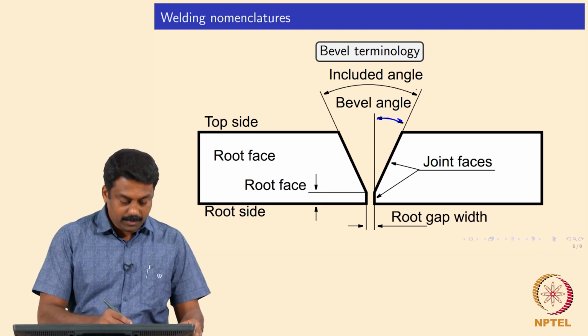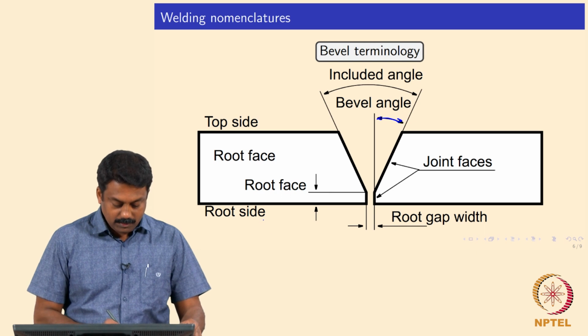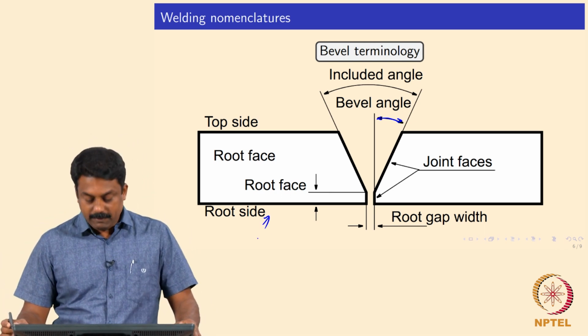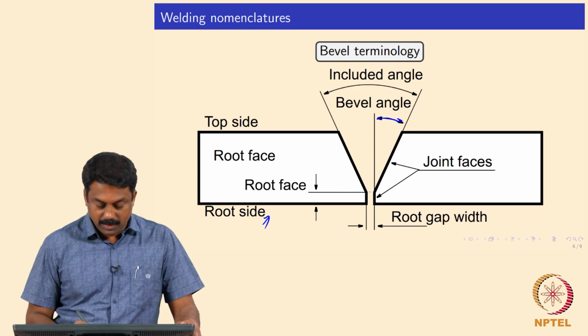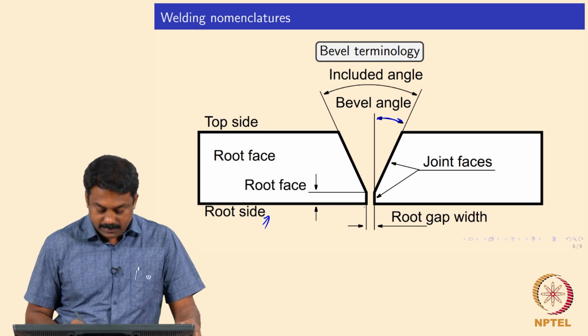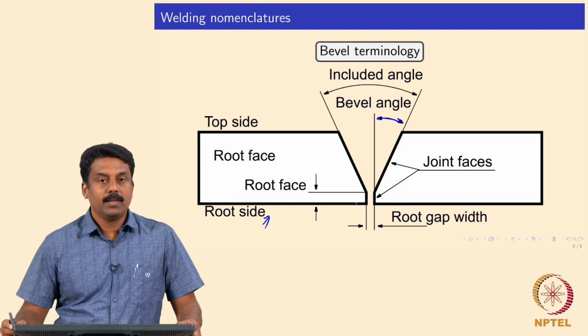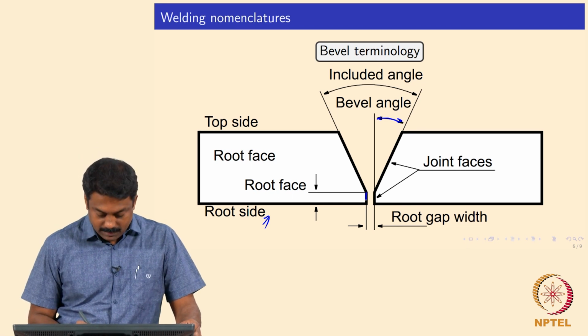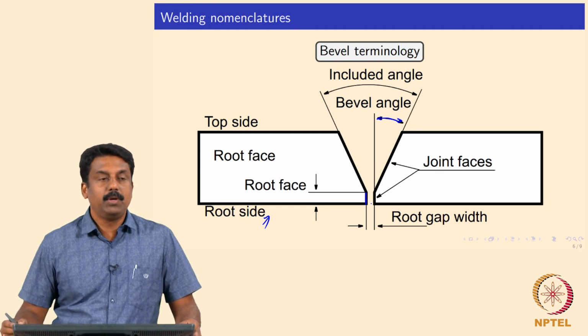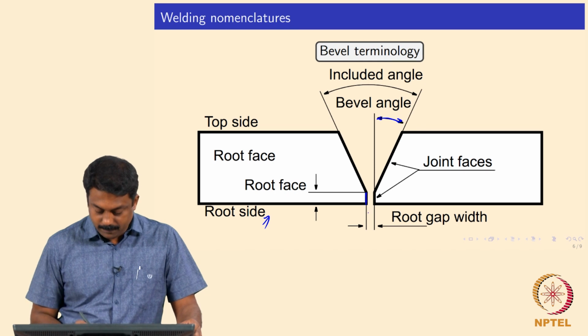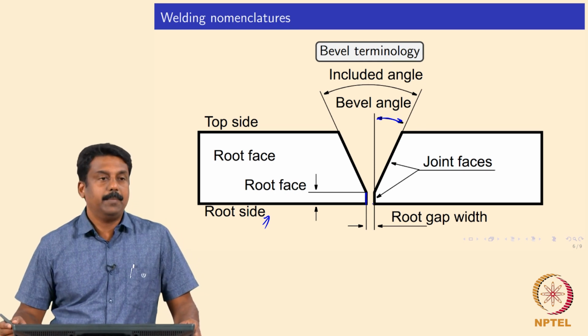For example, this top side is the toe side and this is the root side. When you are making a bevel, the first is the root pass, right? And for the root pass, we also make some root face. The root face is the height, and the gap is known as the root gap width, or preset gap.